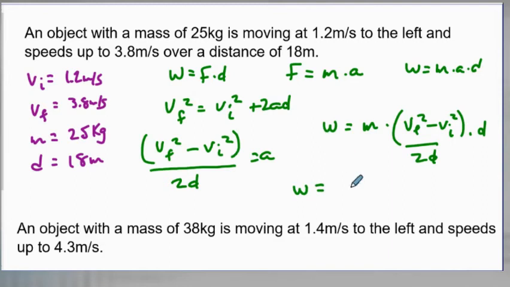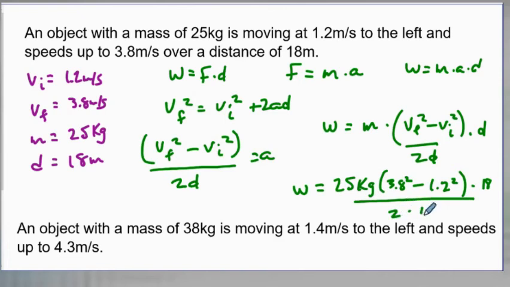I just take my 25 kilograms and multiply that by 3.8 squared minus 1.2 squared, times 18, divided by 2 times 18.